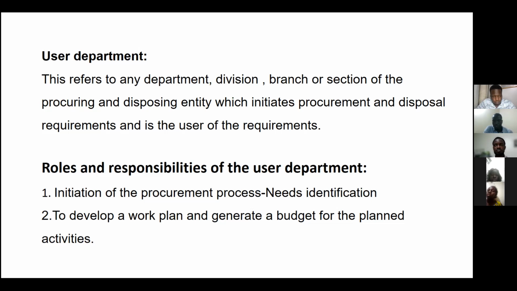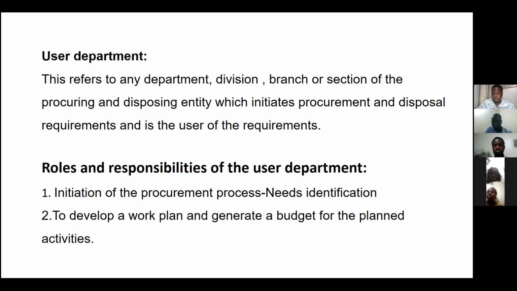When the needs identification is carried out, this provides an accurate plan for procuring the goods and services that are needed. And it also ensures that things are done timely and at a reasonable cost. Also, to add to that, the user department develops a work plan and generates a budget for the planned activities.